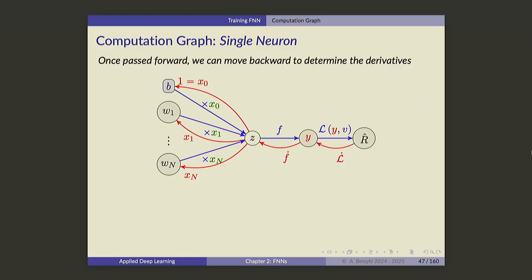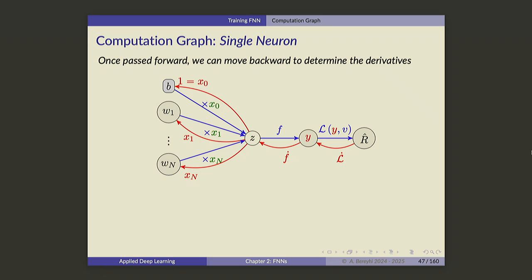So the derivative of z with respect to every single one of those weights is the corresponding input. The derivative of z with respect to b is simply x0, which is 1. The derivative of z with respect to w1 is x1, and so on till the last one.